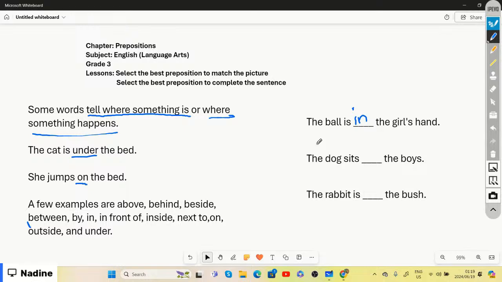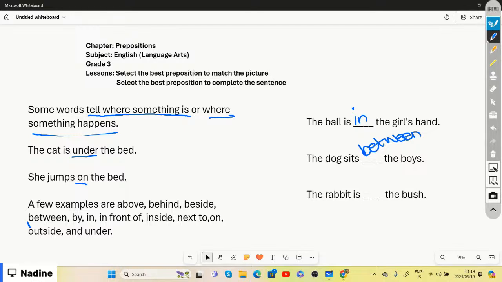Where do you think the dog will sit if he sits the boys? Yes, and we can say that the dog sits between the boys, right? So well done. Between is correct.